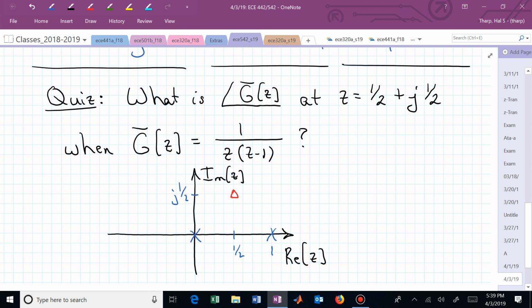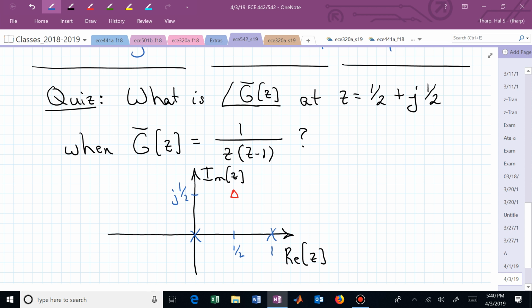If you do it graphically, and I didn't loosen up before class, so maybe I can use this to loosen up, because the angles aren't quite so big here, are they? If you want to think about this physically, you could say, okay, I'm standing at these poles and I'm pointing my face in the positive real axis direction.